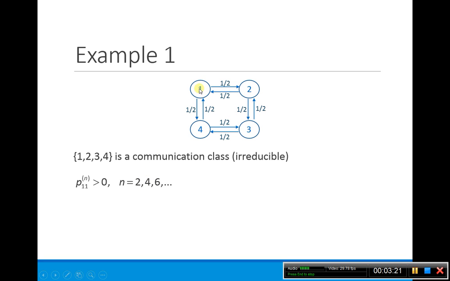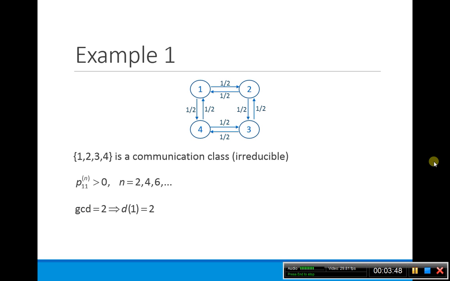Or I could have gone 1 to 2, 2 to 3, 3 to 2, 2 to 1. There are lots of different ways that I can come back. If I keep doing this, all of them are going to be multiples of 2. So 2, 4, 6. The greatest common divisor of all of those is 2, which means the period of state 1 is 2.